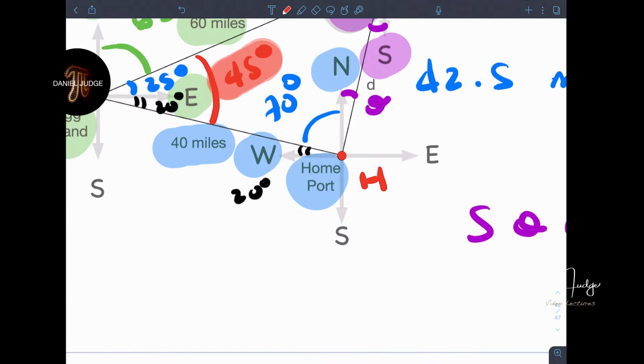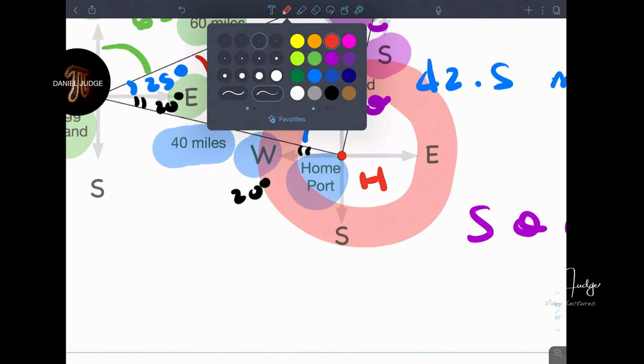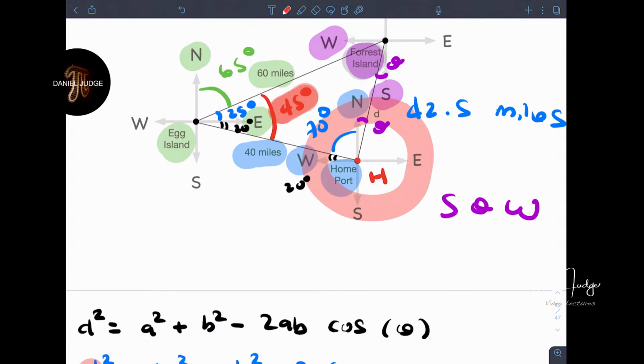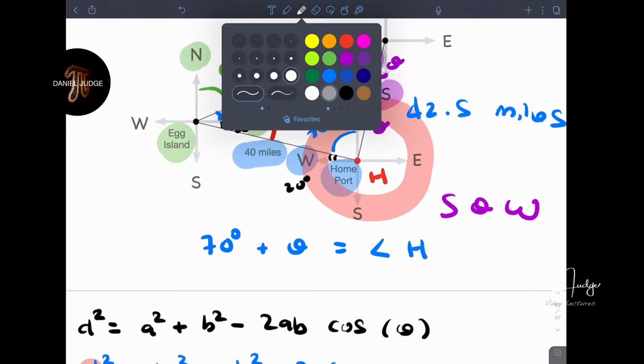Now, what I want to point out here, this is really what we got to do. I'm going to write down an equation here. 70 degrees plus that theta is equal to angle H. Take a look.